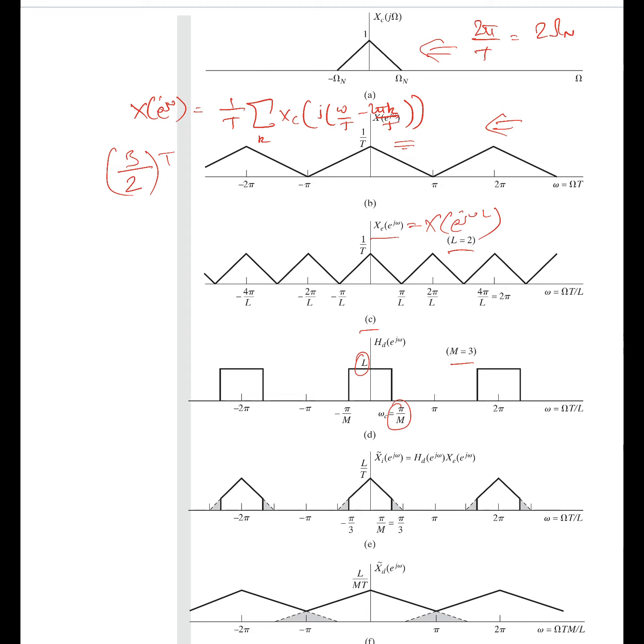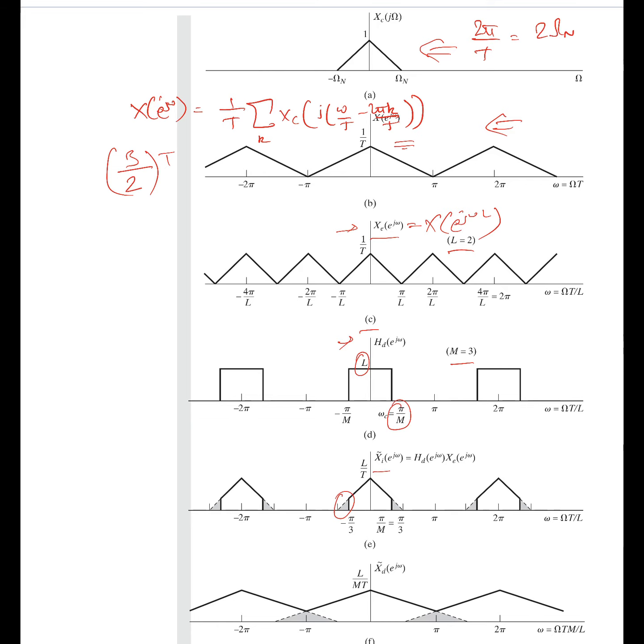So applying this H d to this signal, or multiplying this signal in the frequency domain representation, we get X i tilde, the output of the low pass filter. You would see, since pi by M is less than pi by L, there would be some cutoff, so some part of the signal would be deleted.